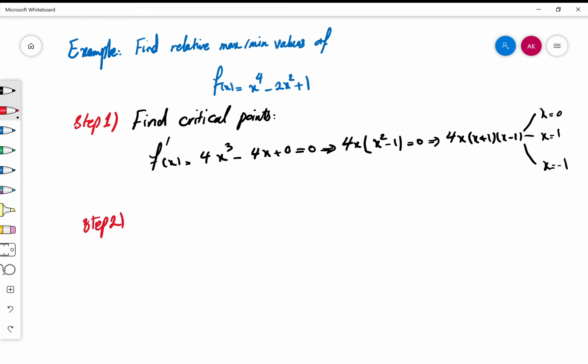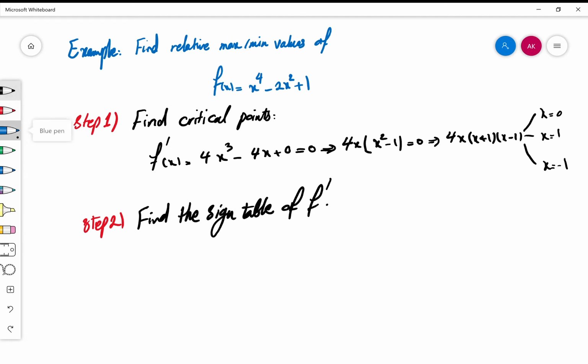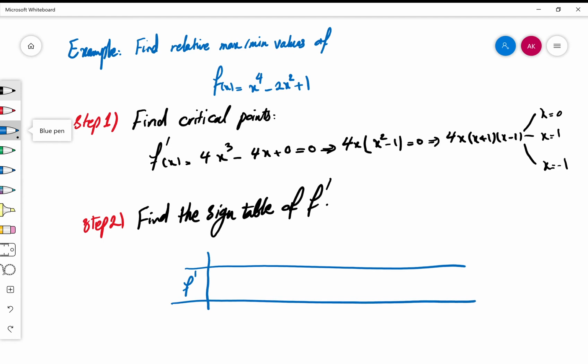Okay, then the second step is to find the sign table of f prime. Here we have the critical points, so we need to see what happens for f prime on different intervals.